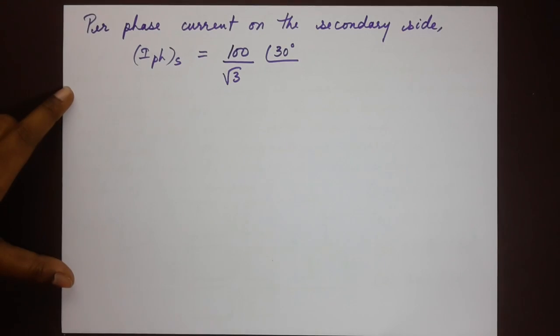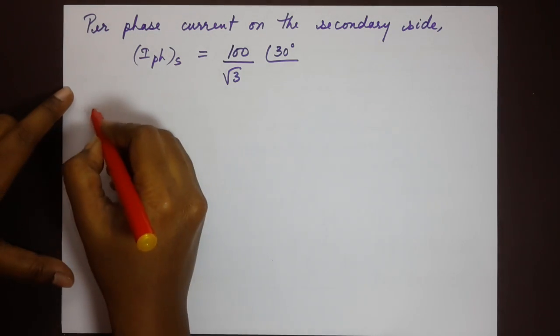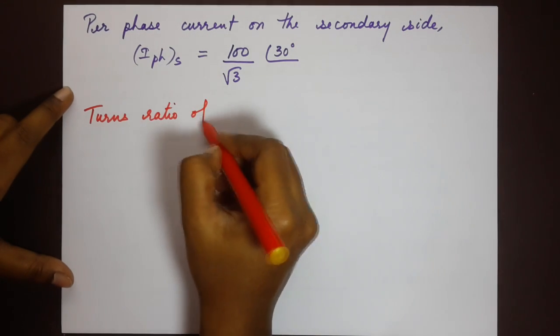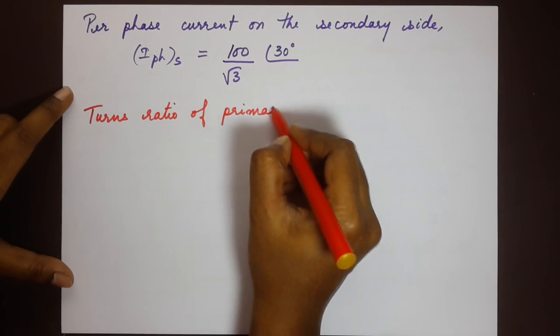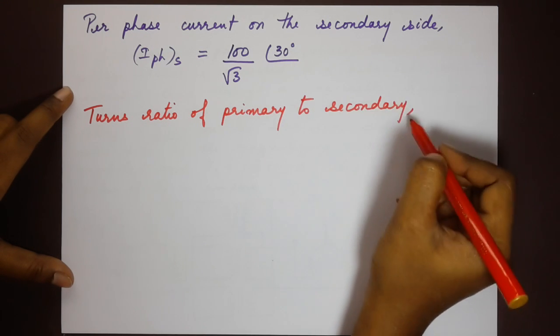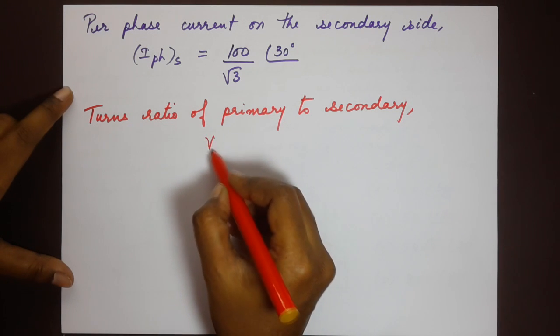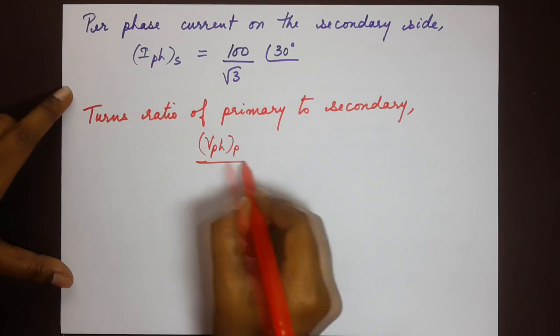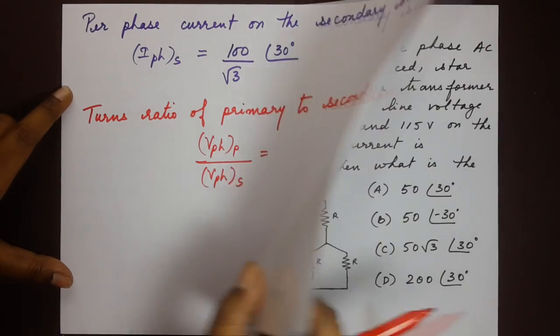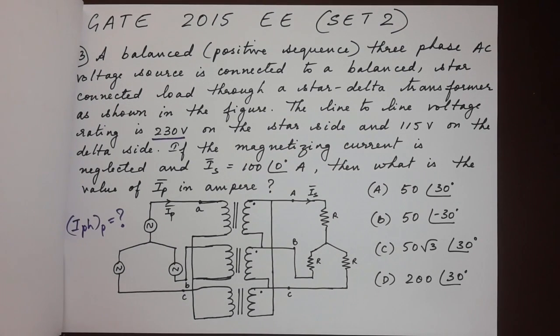Okay. Next, let's calculate the turns ratio of the primary to secondary side. That will help us further in calculating what is the I phase for the primary side. So the turns ratio can be represented as V phase of primary divided by V phase of secondary, which is, now take a look at the values of voltages given here.